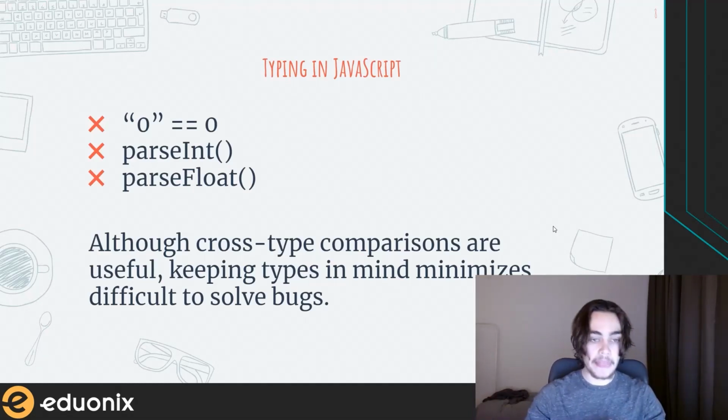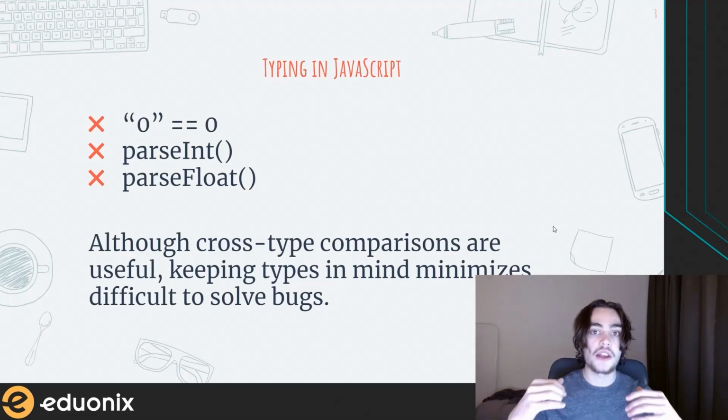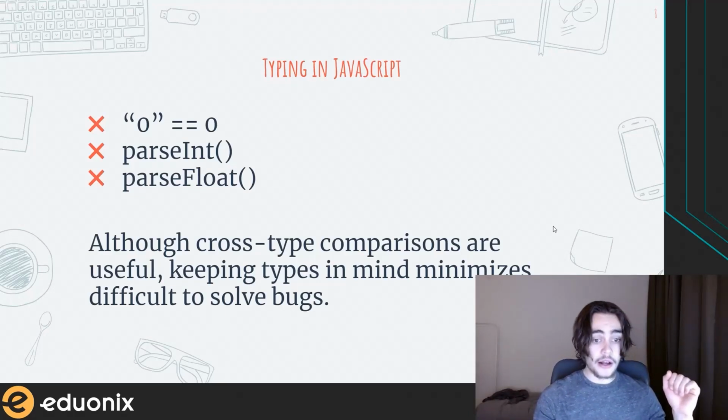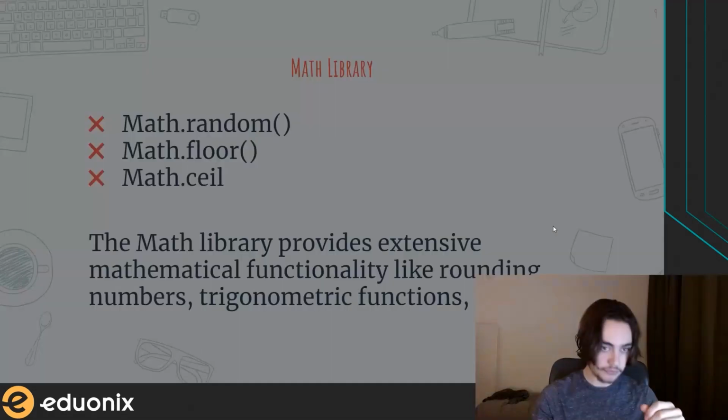Same with the float, the parseFloat type. Note that we do actually in this case have to think about the distinction between an integer and a decimal floating value. And yeah, as I say here, cross-type comparisons are useful, but whenever you do use cross-type comparisons in JavaScript, you open yourself up to really nasty and hard to diagnose bugs.